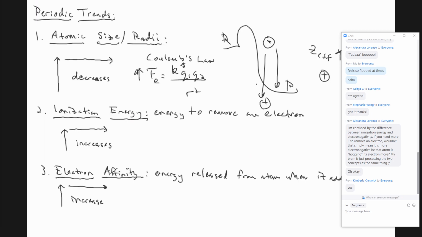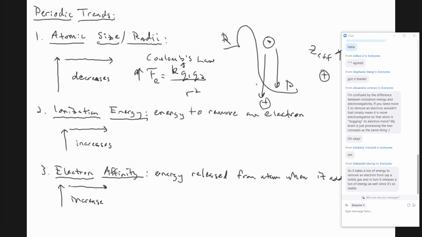Right. Yep. Because if you think about it, an object has the most stability when it's closest to the thing that's attracting it, right? So if you think of potential energy, does something on a shelf have more potential energy or something on the ground? On a shelf. Something on the shelf, right? So the further you are from the other charge, the higher the energy state you have. So you're more likely to move and do work. Does that make sense?